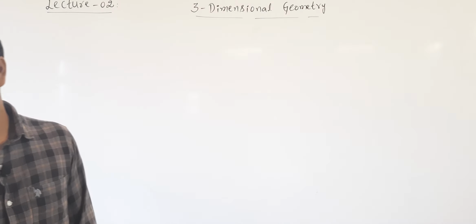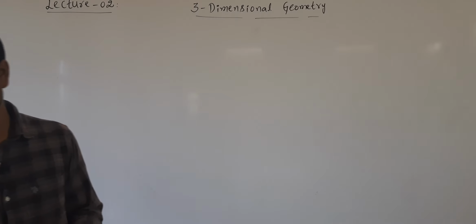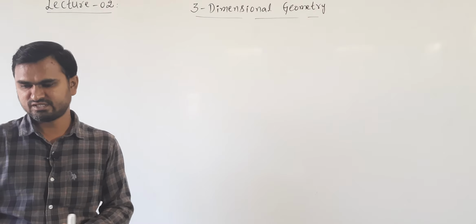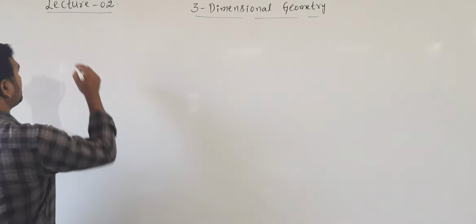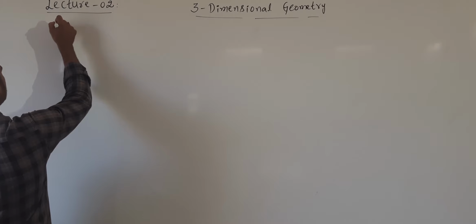Next, question number 2. Find the direction cosines of a line which makes equal angles with the coordinate axes. Question number 2, an important model.